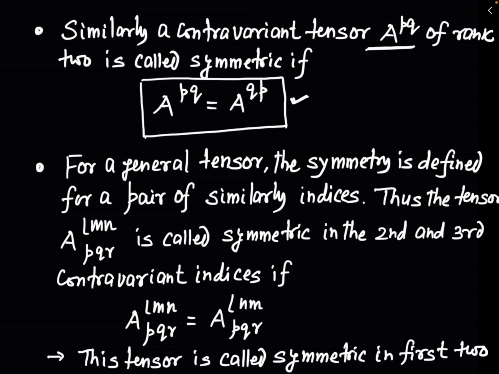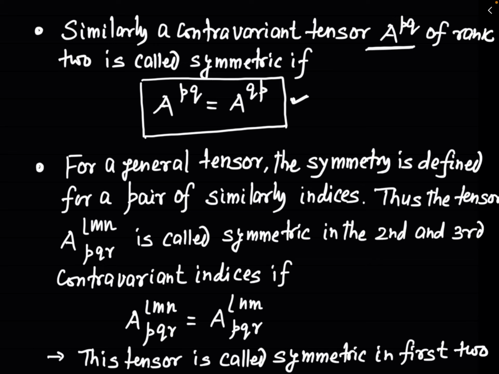But these definitions are only for the tensor of second rank, which may be a covariant tensor or a contravariant tensor. But it does not mean that we define the symmetric tensor only in case of tensor of rank 2. In fact, we can define the symmetric tensor in case of all those tensors which have a rank either equal to or greater than 2. And the tensor may be a mixed tensor.